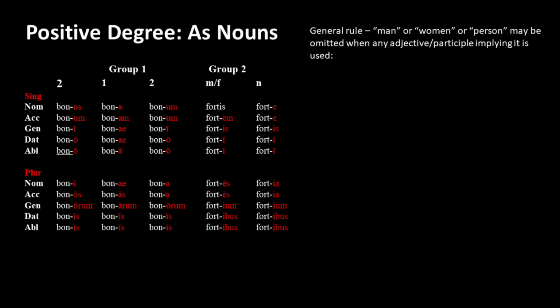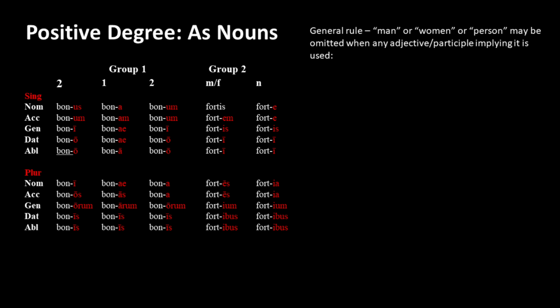Man or woman or person may be omitted from a sentence when any adjective or participle implying that is used. We do this in English. The dead were lying everywhere. I looked at the living.